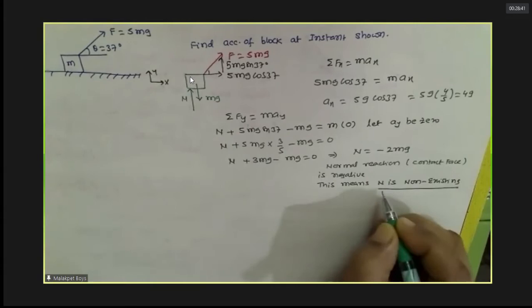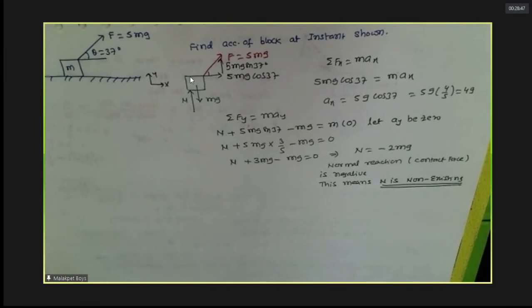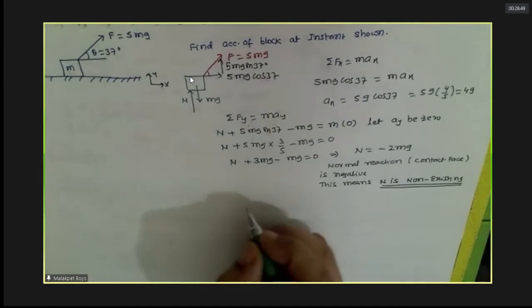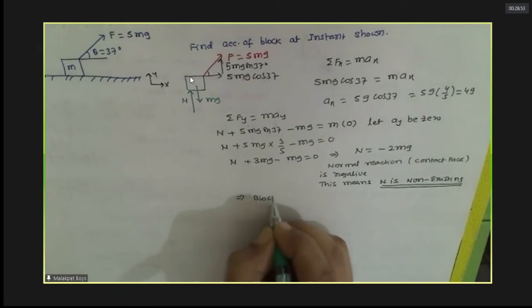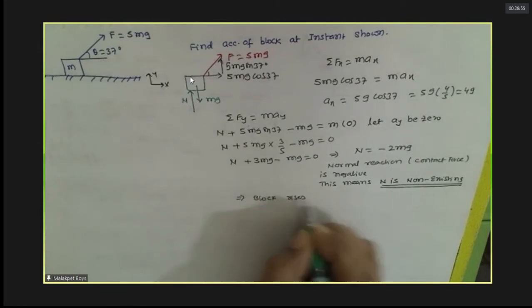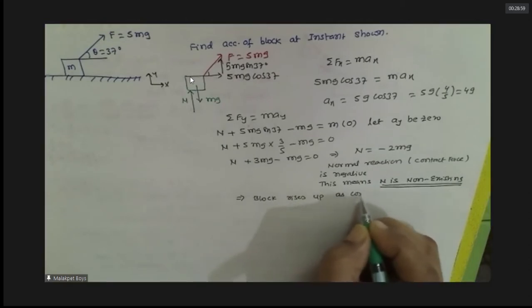Remember that if any physical quantity has a negative value, that means the normal reaction cannot be negative. So N is non-existing. What does it mean? This implies that the block rises up now.